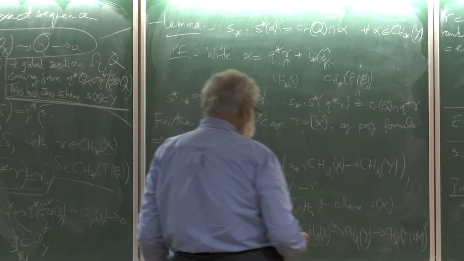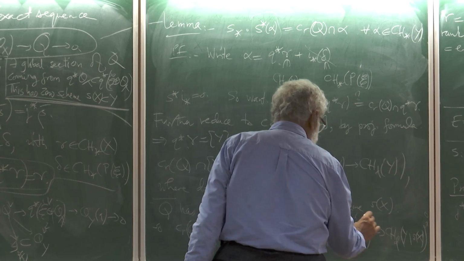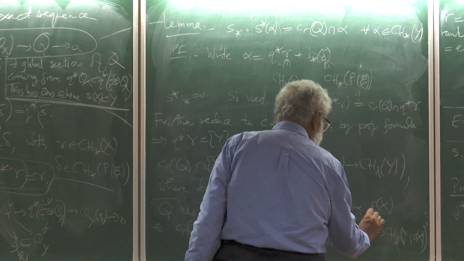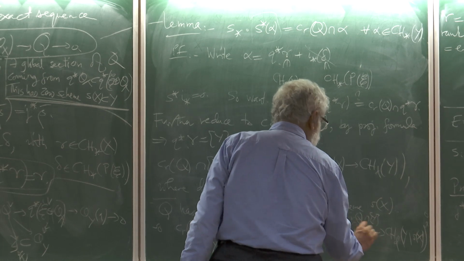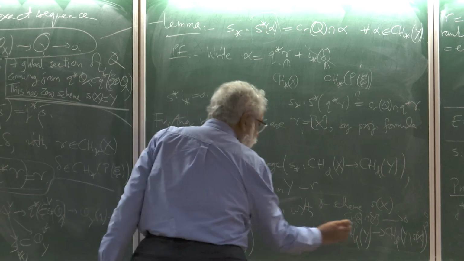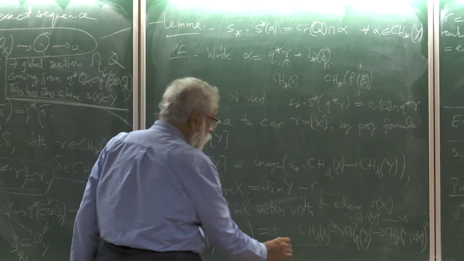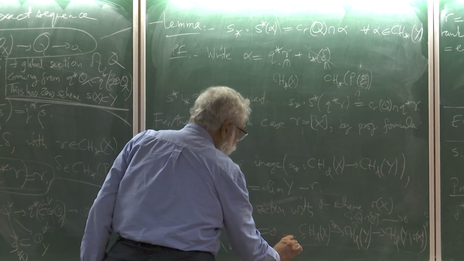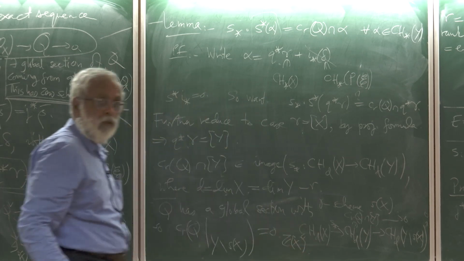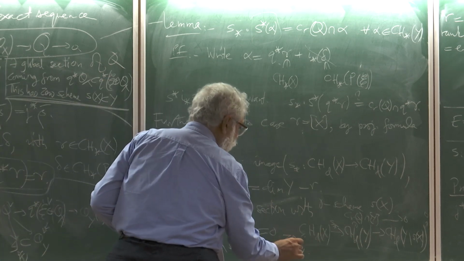So I'm given CR of Q cap Y lives here, and it goes to 0 here. Therefore, it must come from here. But this is Chow lower d of X, where X is d-dimensional. So as usual, this is just Z times X. Well, Z times Sx, I should say, because it's S lower star.